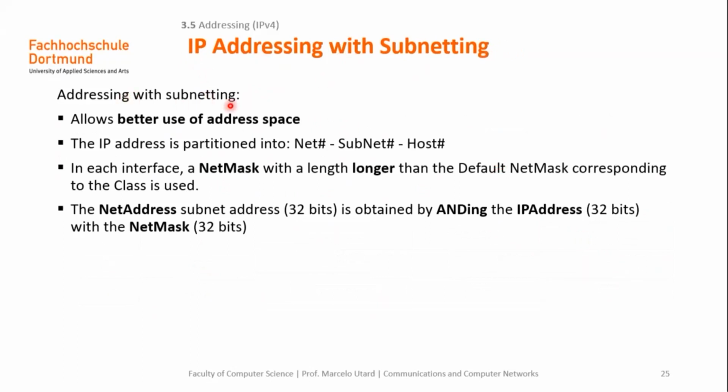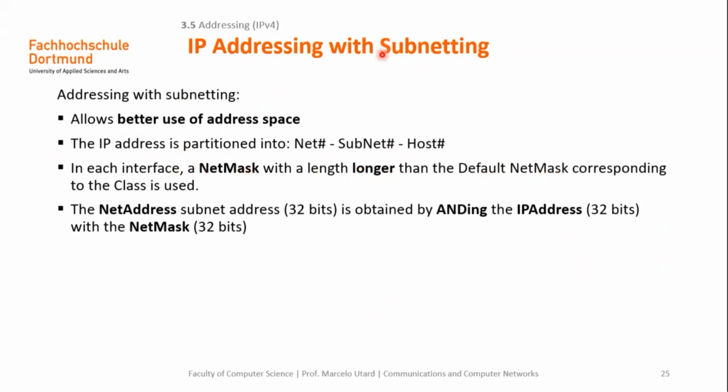Addressing with subnetting allows better use of address space because the IP address is partitioned into the network number, the subnetwork number, and the host. In each interface, a netmask with a length longer than the default netmask corresponding to the class is used. That's why we talk about subnetting and not supernetting.